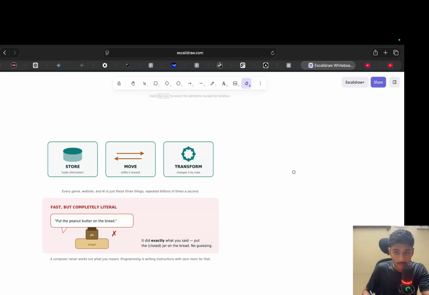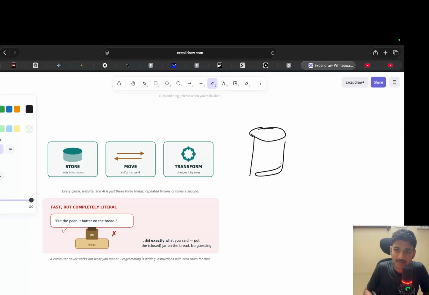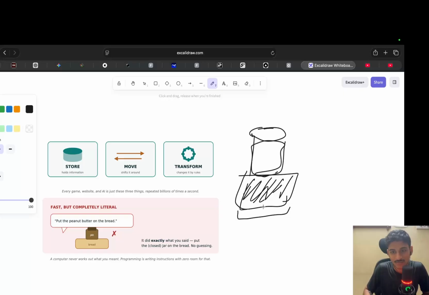What does it do? It takes the Nutella jar and puts it on the bread. That is right, according to its instruction. It took the peanut butter jar and has put it on the bread.